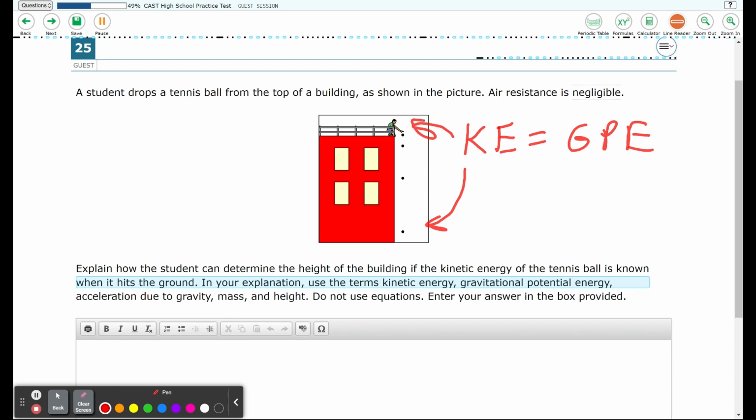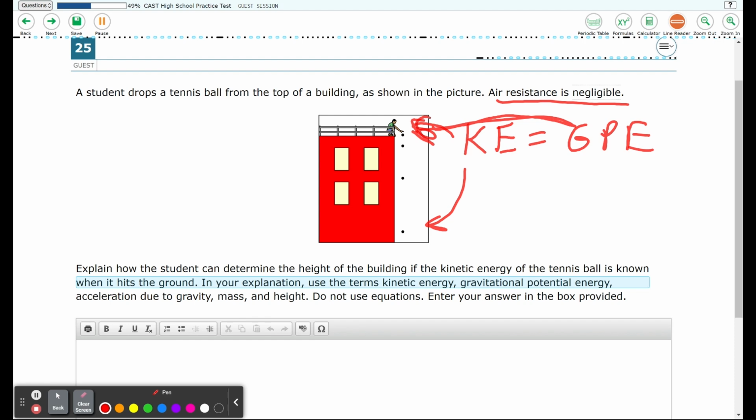There's no air resistance. Air resistance is negligible. So that means that all the mechanical energy we have at the beginning we'll still have just before it hits the ground. But at the top, it'll be gravitational potential energy, and at the bottom, it'll be kinetic energy. I just realized my arrow looks like this is kinetic energy. This is the gravitational potential energy there. But those have to be equal.